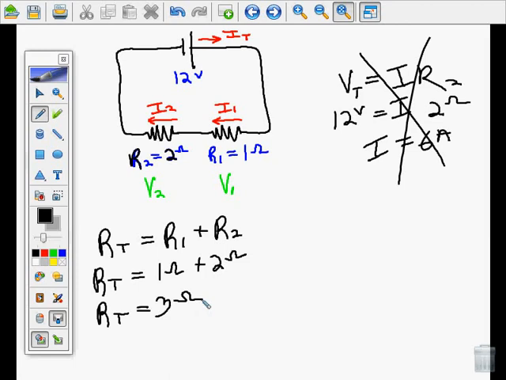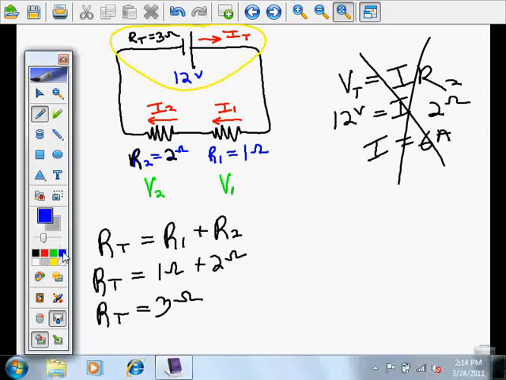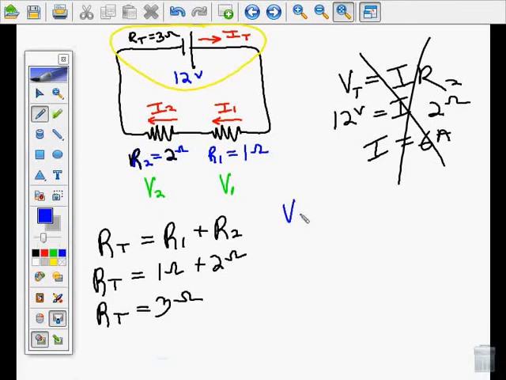Now that we know the total resistance is 3 ohms, anytime you have a device and you have 2 out of 3 for Ohm's law, V, I and R, that shouts out, ooh, I got 2 out of the 3 for that particular device. So we could go right now and use Ohm's law for the totals. So basically, the total voltage is equal to the total current times the total resistance.